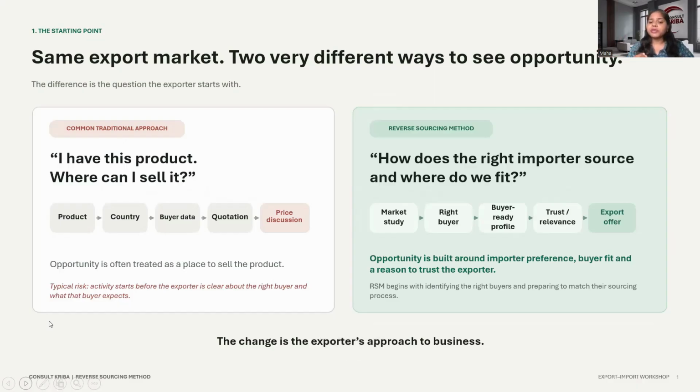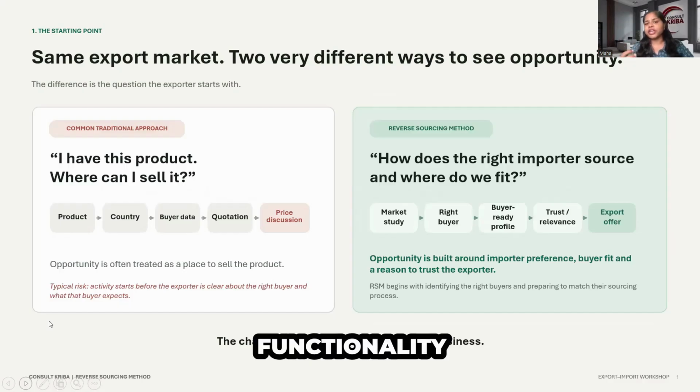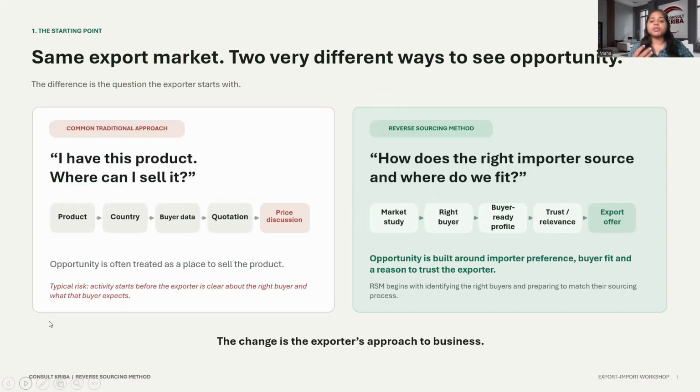So this exporter starts with the specification and understands the functionality of this coconut oil. When studying it, he finds the coconut oil has a high moisture property and is much more suitable for cold countries, and he specifically focuses on Germany because he has the certification that goes very well with EU compliances.